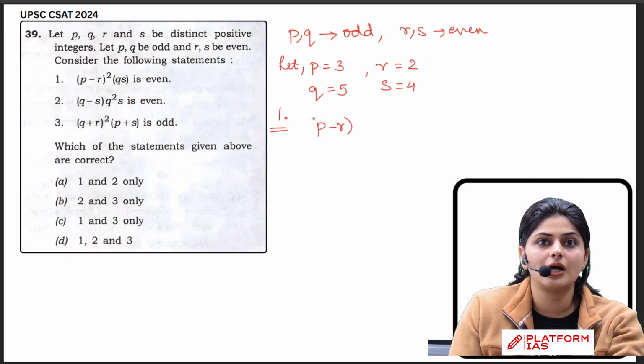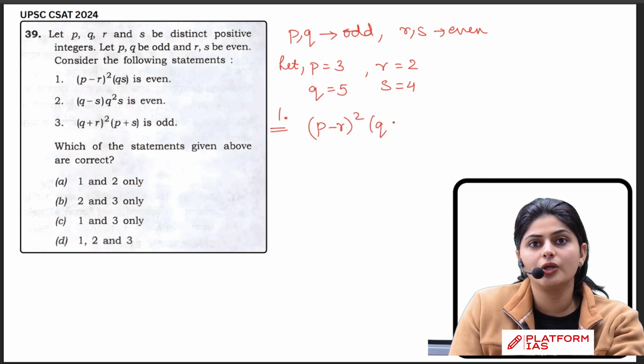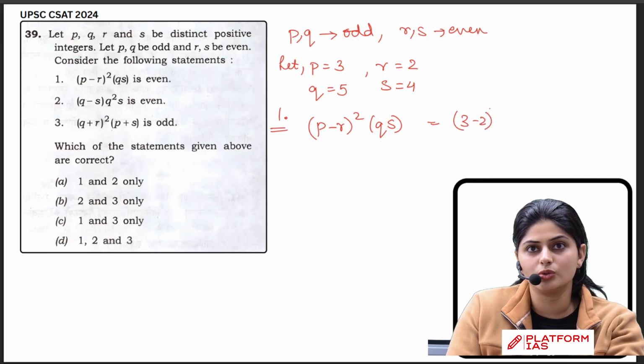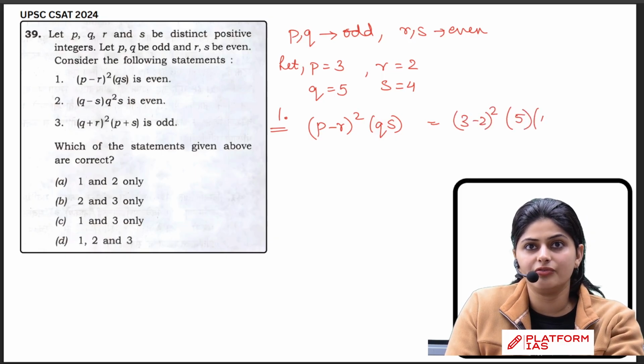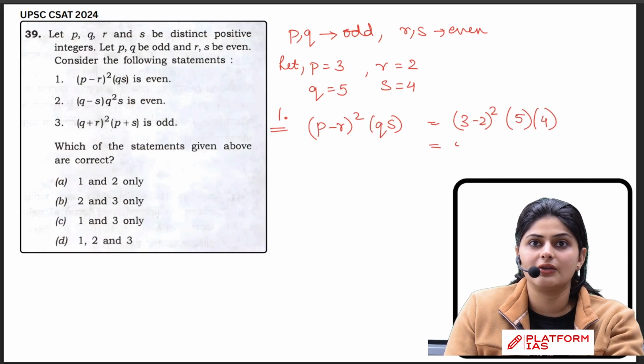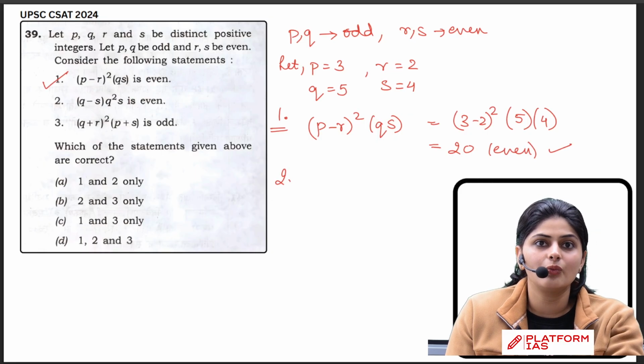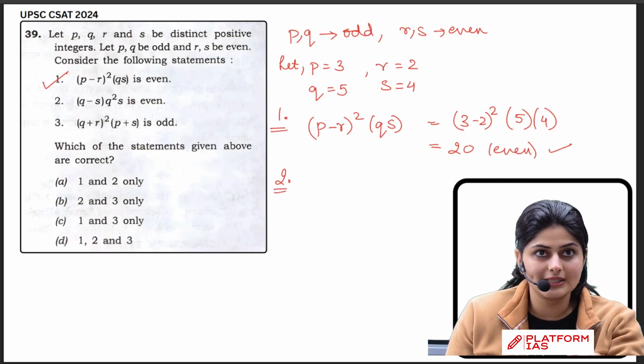Now what is the first statement given? P minus R whole squared times Q minus S. Now we will substitute the values of P, Q, R, S in this. It will be 3 minus 2 whole squared, times 5 minus 4, so it is giving me 1, that is odd. So that means this statement is correct. Now we'll check the second statement.